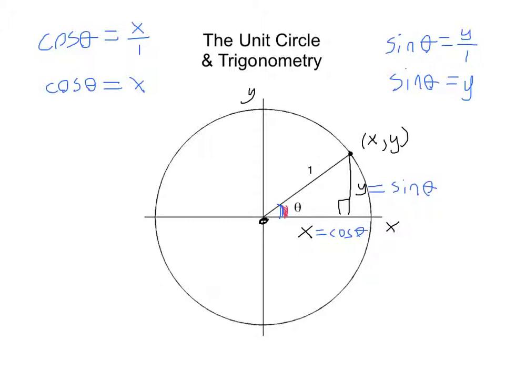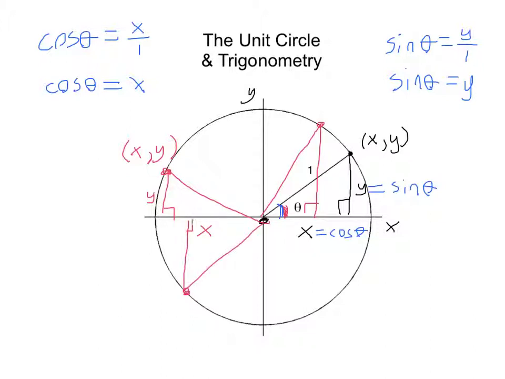So what this means is, as we take this point and we move it along the circle and draw right triangles, we could put the point over here and draw a right triangle, where our point x comma y, where this distance here is x and this height is y. We could even draw it down here below the x-axis, where again we have some new, and just to be clear, I'll call this x1, y1, x2, y2.